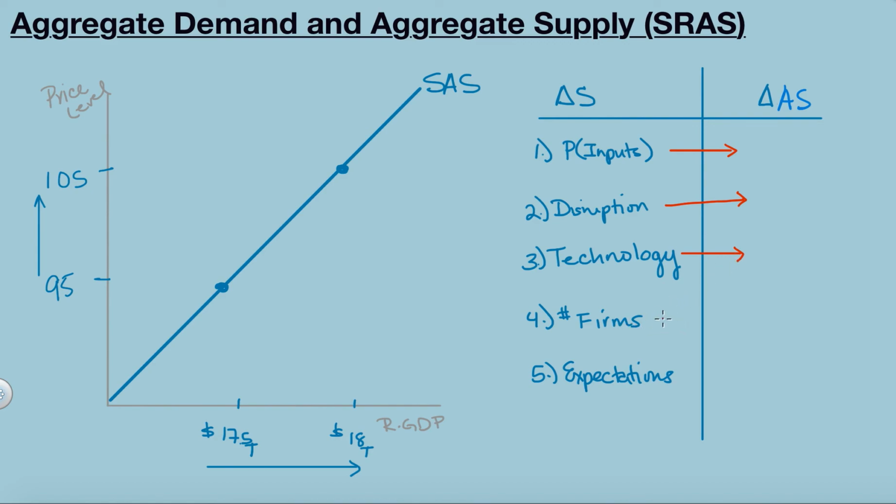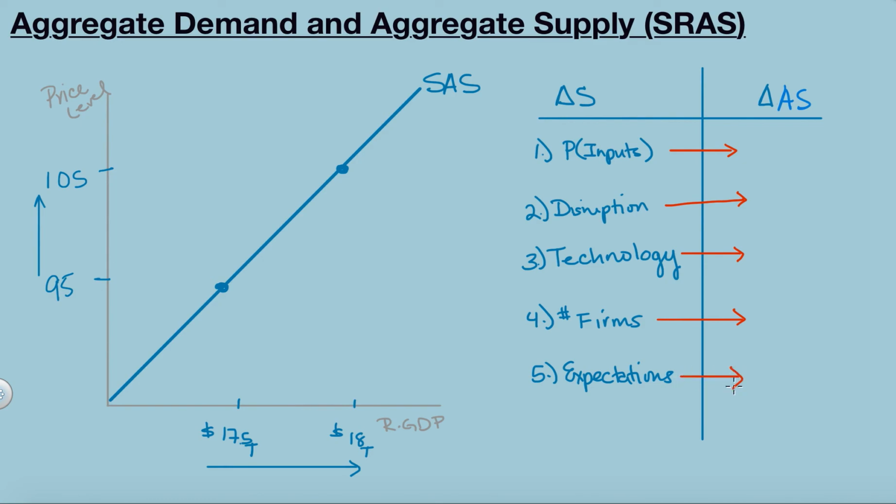The number of firms. If there are more domestic firms, do we expect there to be more domestic GDP? Absolutely. Expectations. If we think that we are going to war with other nations, we're obviously going to have to increase production in some areas, but what's going to happen to the overall supply of goods and services? Is it going to be affected?